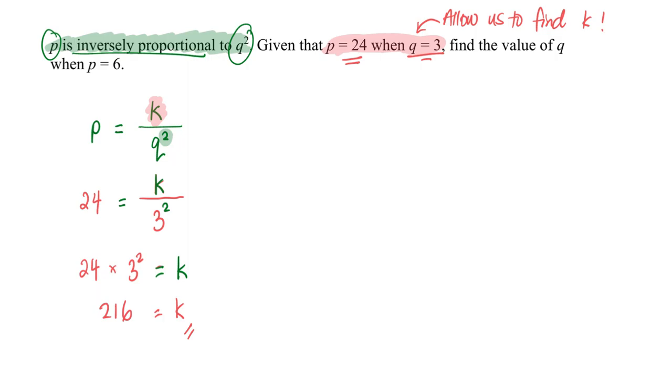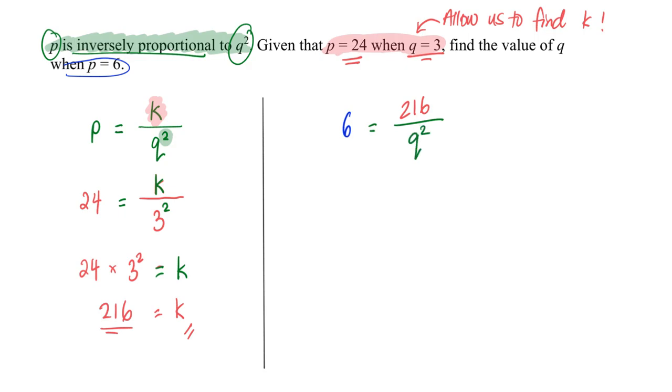And why is this important? Because then I will be able to find easily what is my value of Q when P equals to 6. So now P is 6. And K. We also found the value of K, 216. And that's how we are able to find Q square.